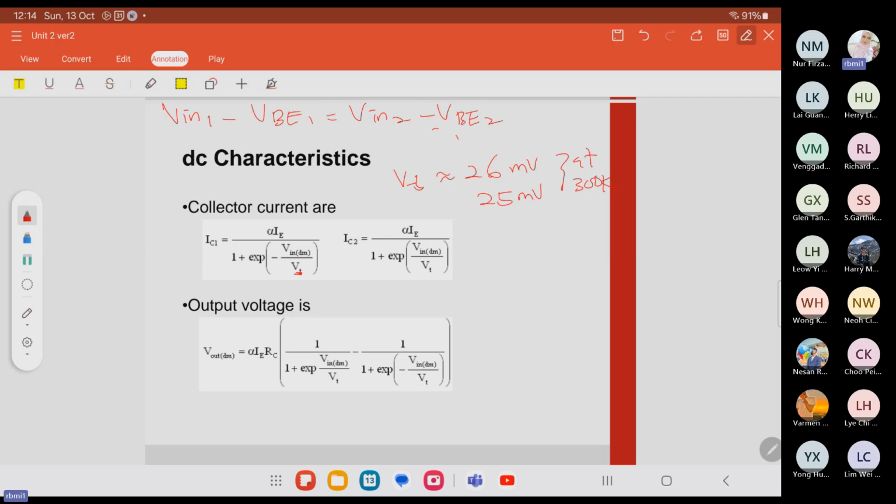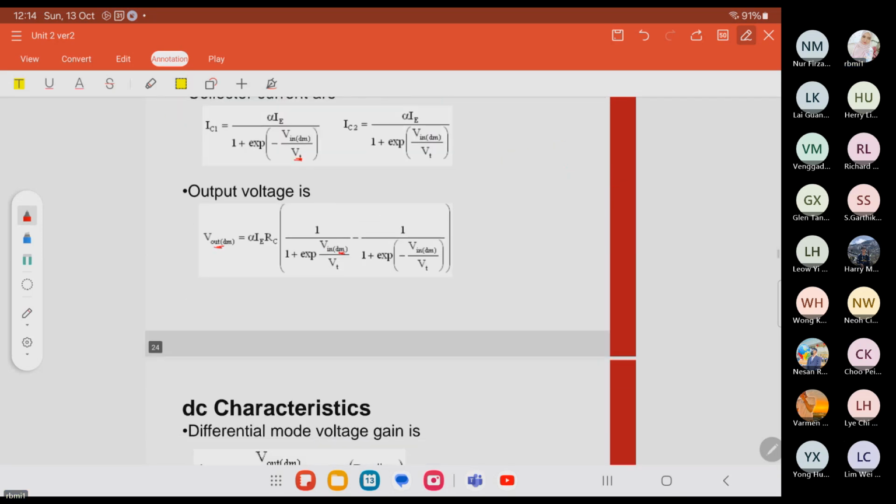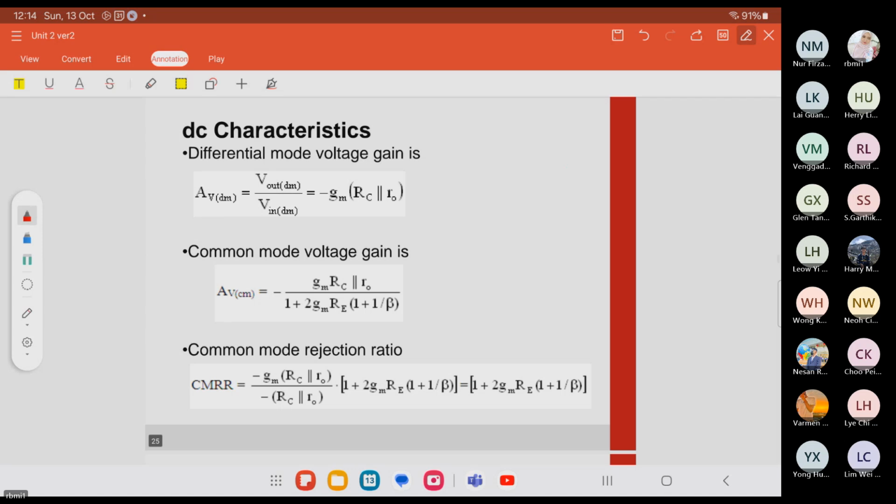And what else do we have? Vout DM here is the differential amplifier output, Vout DM is the Vout differential output voltage. Okay, since we have the DM, AV will be AVDM, Vout over Vin.